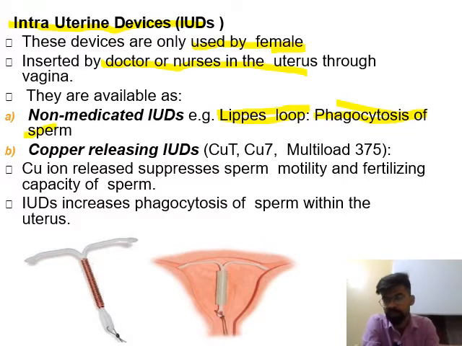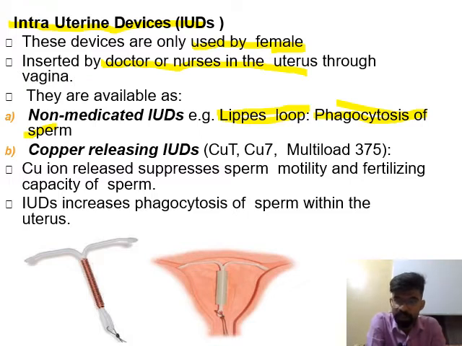What is phagocytosis? Phagocytosis is engulfing. So this Lippes loop will engulf the sperm, or you can say it will damage the sperm. So the sperm will not reach the fallopian tube area where fertilization may take place.